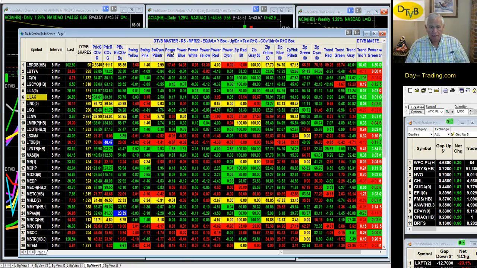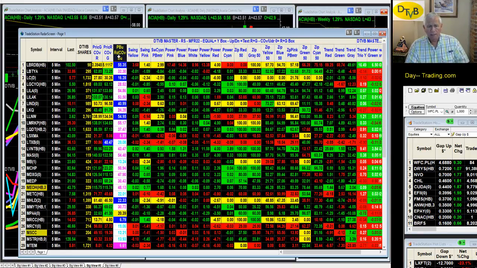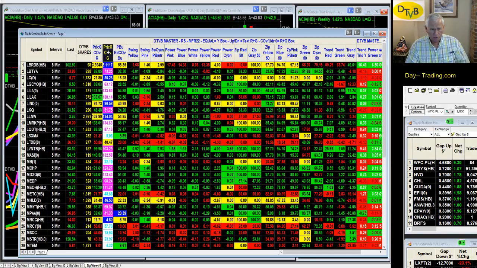And so, for example, I have here in the first three columns, this one and this one and this one, this is the price green, the price red, and the price blue. And it's based on we see a crossover. When you see a blue box, for example, the blue box tells you that in this particular case, like in this one right here, price red has crossed under price green.